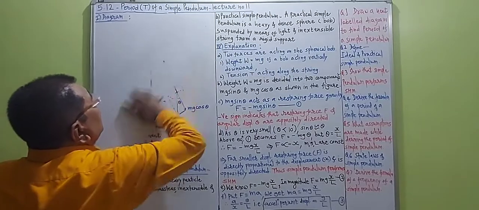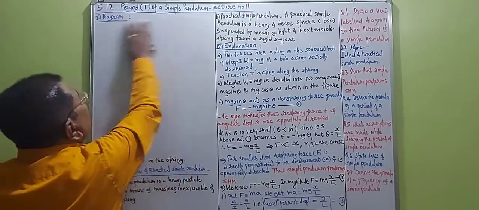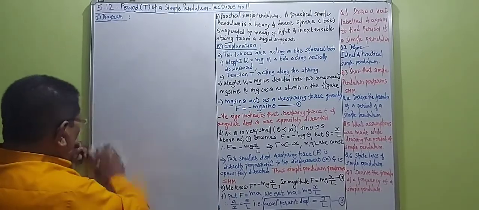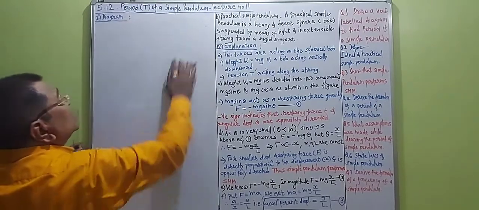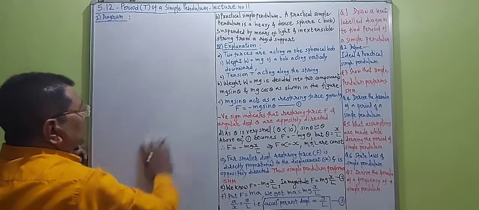We get acceleration per unit displacement, a upon x is equal to g upon L. So what is the formula of period of SHM?